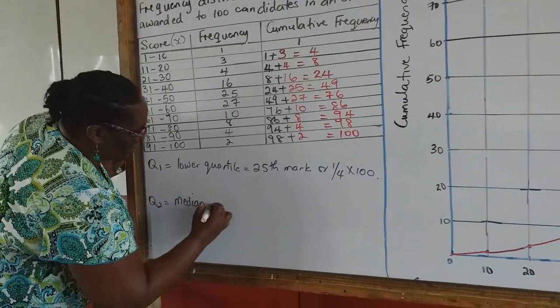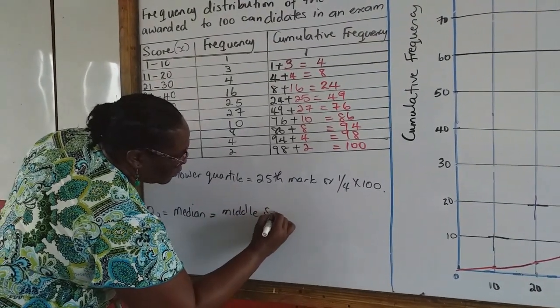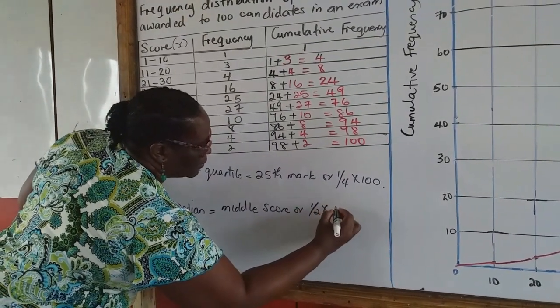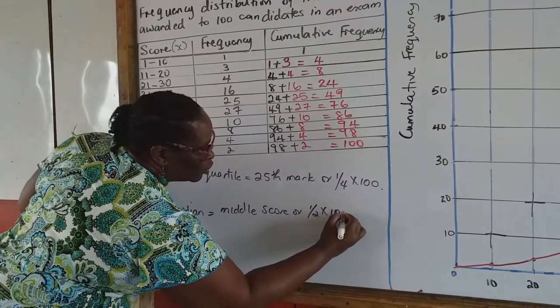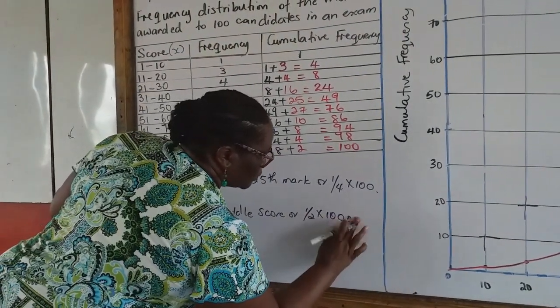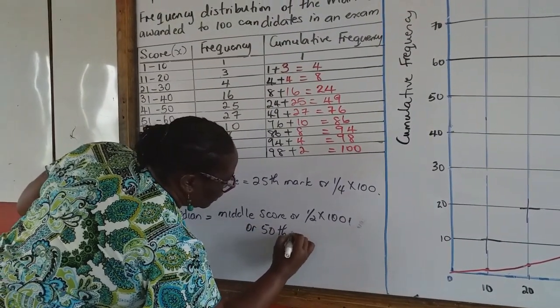That's the middle score, or half times 100, or the 50th mark.